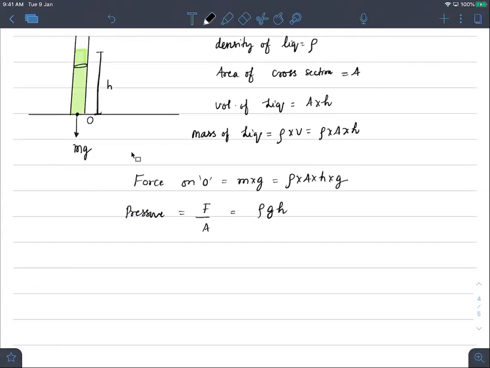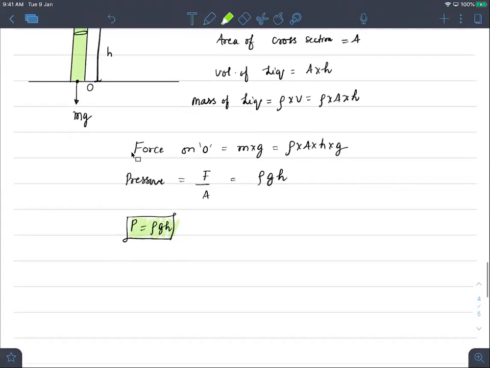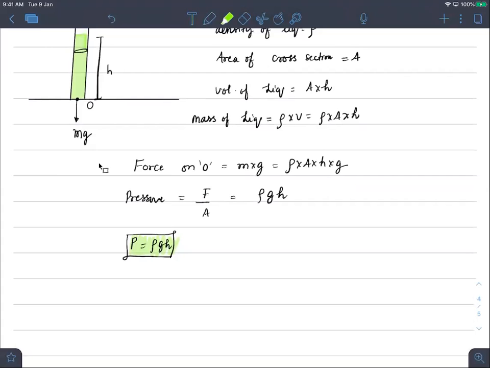We will get this as rho g h. This is the same formula you will be using in physics and chemistry as well. I hope you now understood how it is derived. So the pressure is rho into g into h, where rho is the density of the liquid, g is the acceleration due to gravity, and h is the height of the column. So from here we are supposed to calculate the pressure.